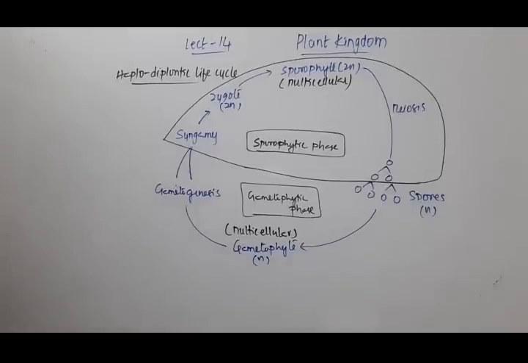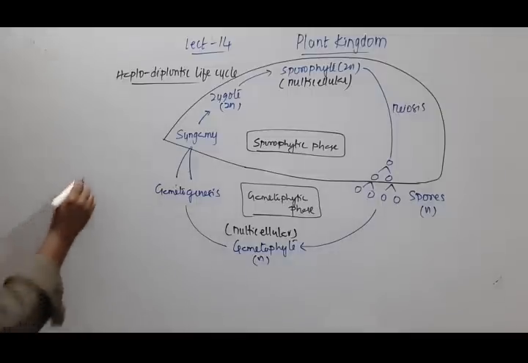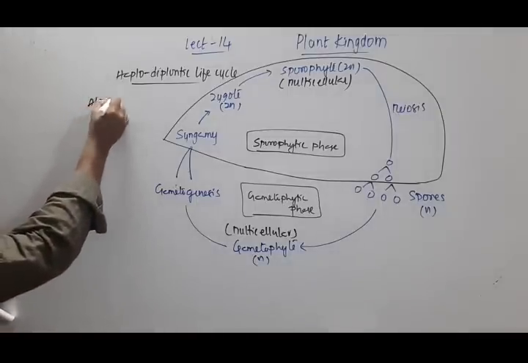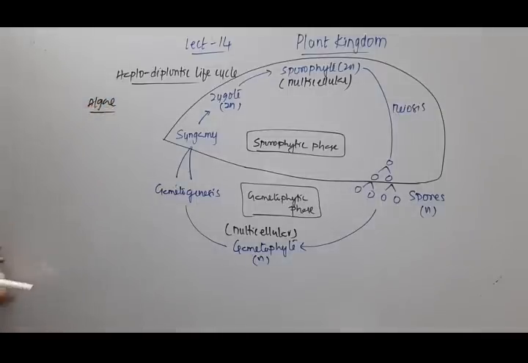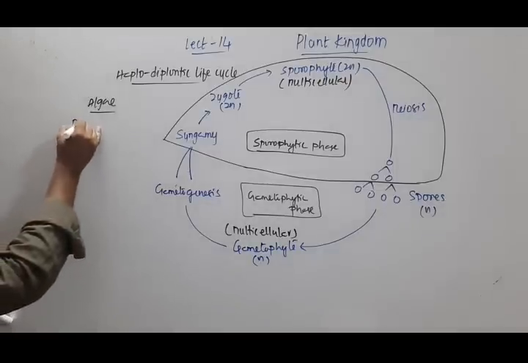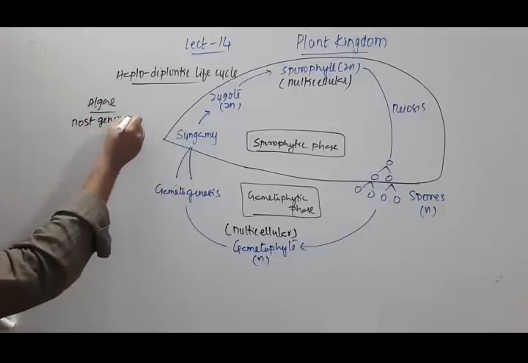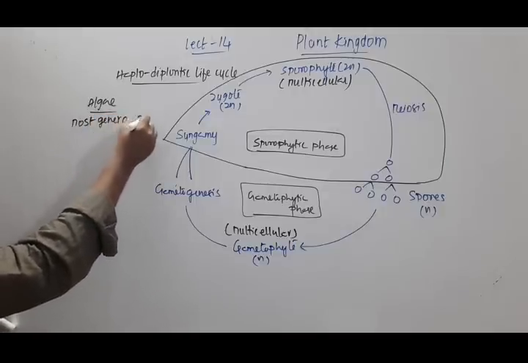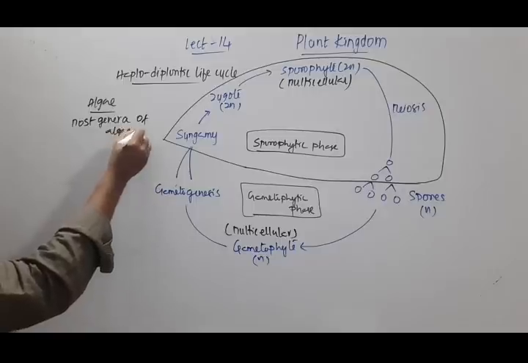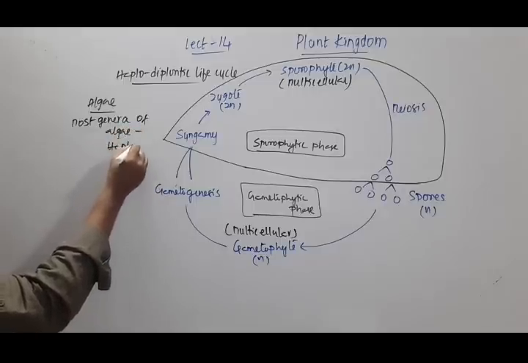Lastly, one point. In algae, we see all three types of life cycles: haplontic, diplontic, and haplodiplontic. Most genera of algae exhibit a haplontic life cycle.